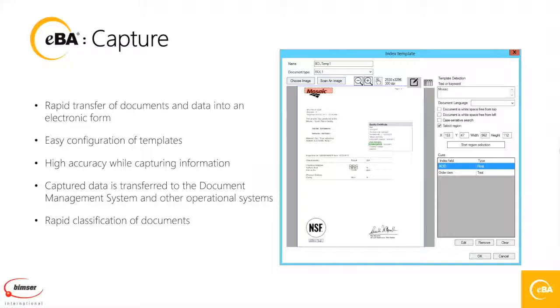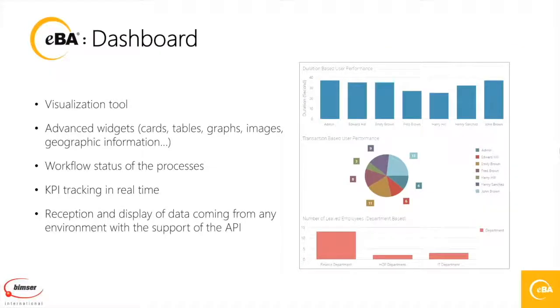Now let's come to our last module, which is our dashboard module. In this module, you can create a visual overview of your whole management system. So whenever you want a brief status of your business, you can just take a look at the dashboard, and based on your preference, you can remove or add the graphs and tables that you need.